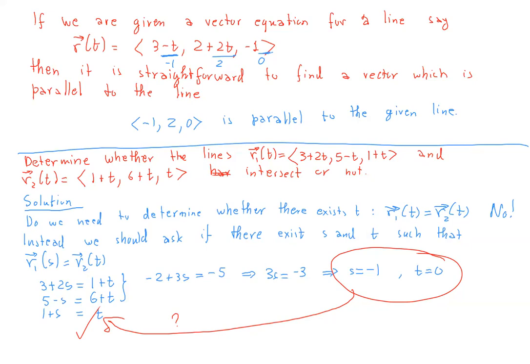But like I said, generically, that wouldn't have been the case. So we can say, yes, they do intersect. And of course, the common point occurs for S equals -1 for the first equation, T equals 0 for the second equation. So if I plug in T equals 0 into the second equation, I guess it's the point (1, 6, 0) that is the point of intersection.